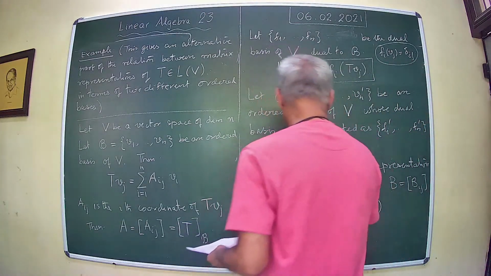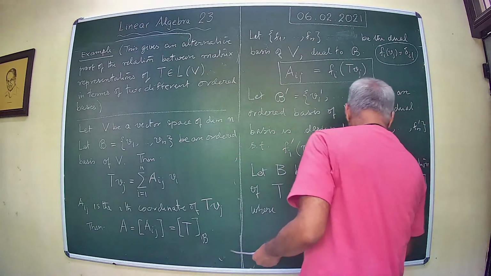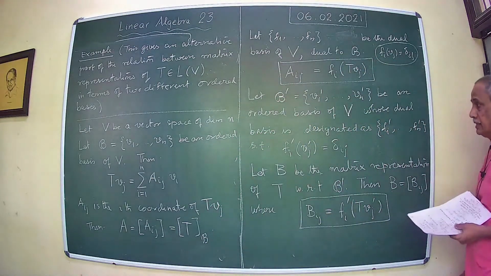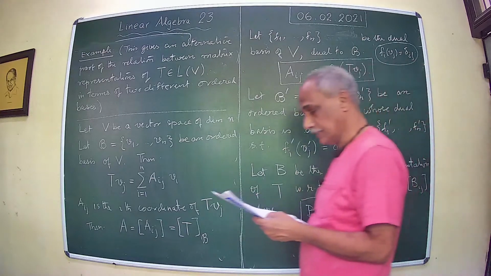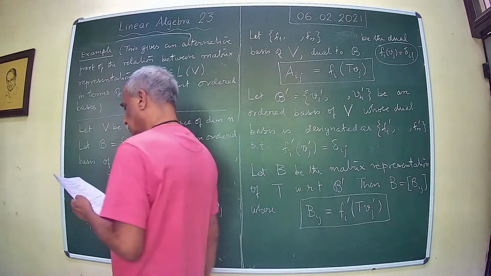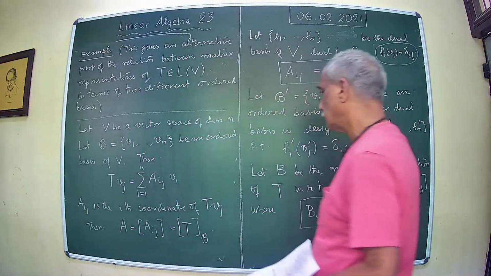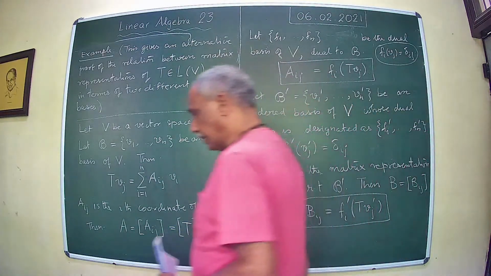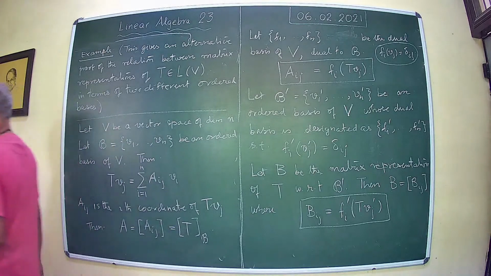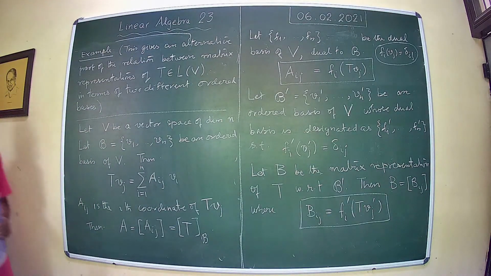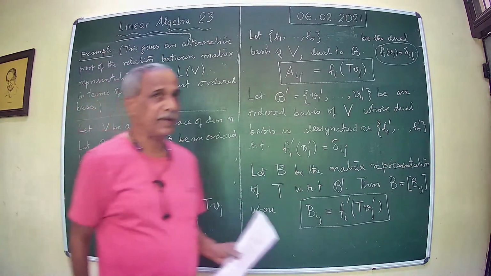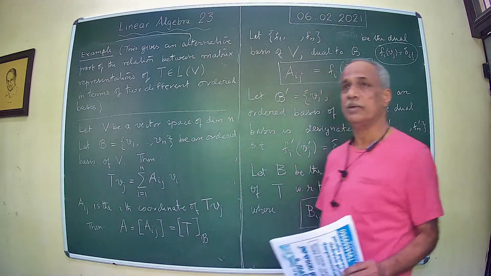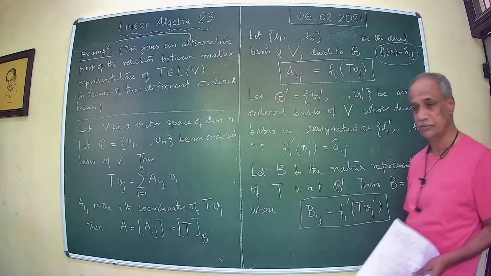This is exactly the same sort of argument connecting Aij's and T Vj. Now you have two ordered bases, one V1, V2, etc., Vn. The other one is V1 prime, V2 prime, Vn prime, designated by B and B prime respectively.